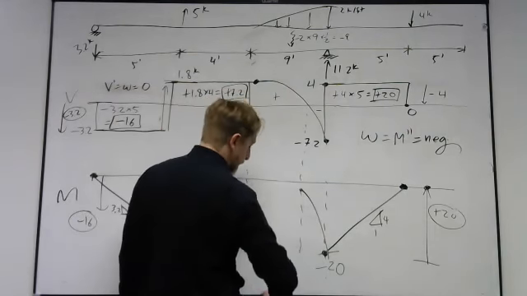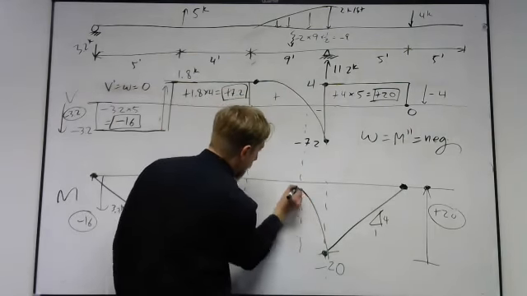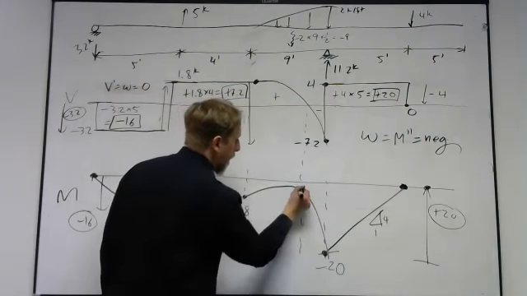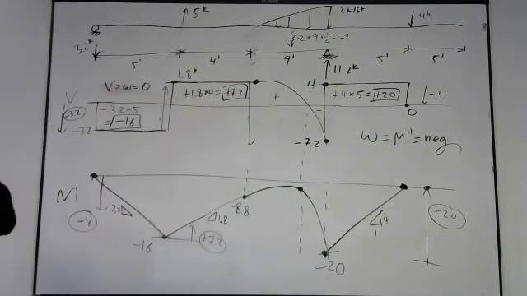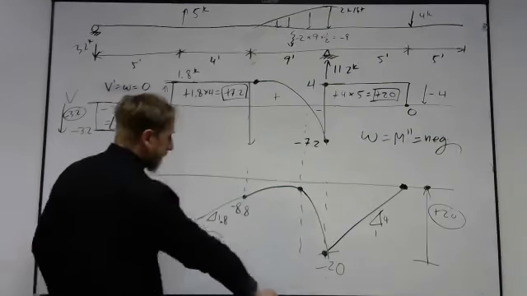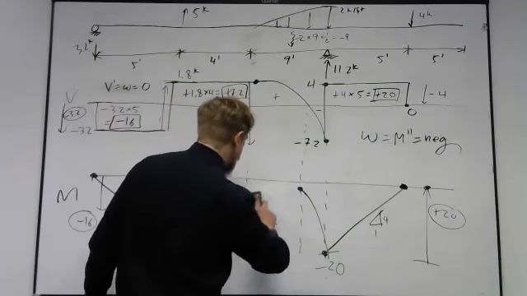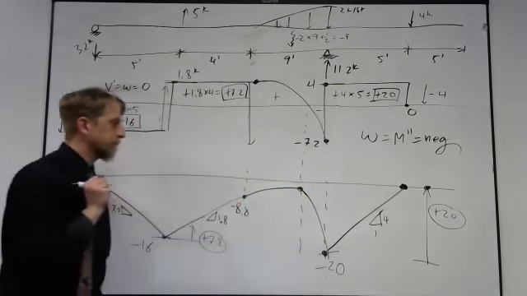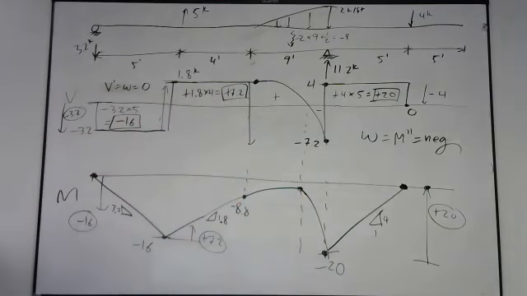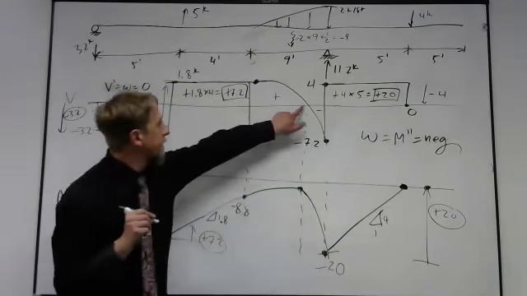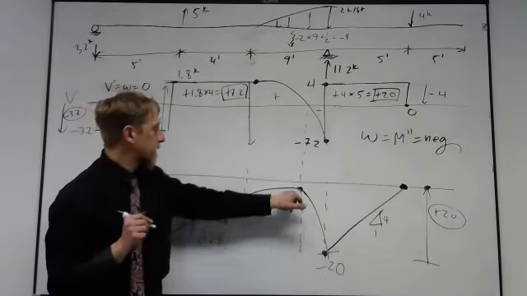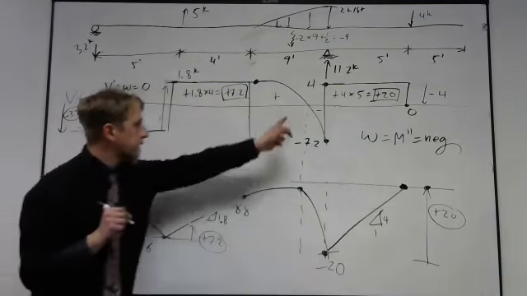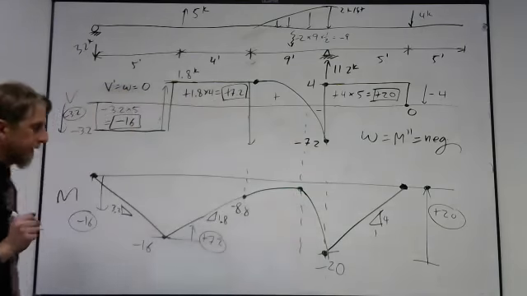This should be a positive change. So there should be a peak here, actually. But I still didn't draw it quite right. This should be a maximum. There we go. It's a maximum because V is 0, so M prime is 0. That's where you have a max.